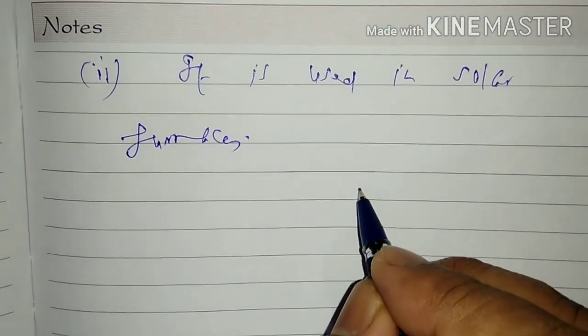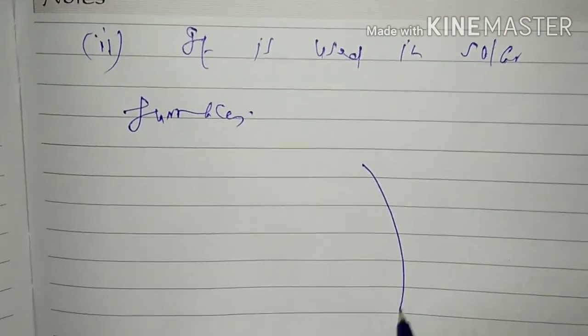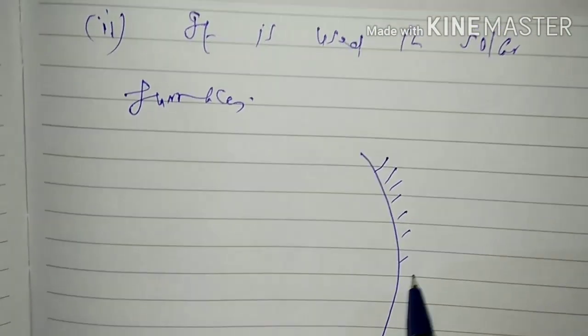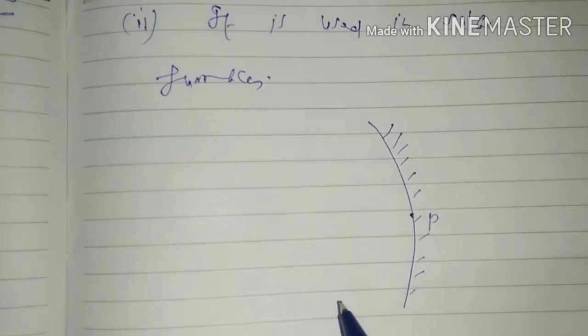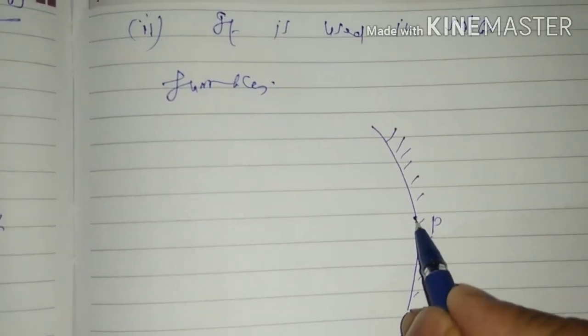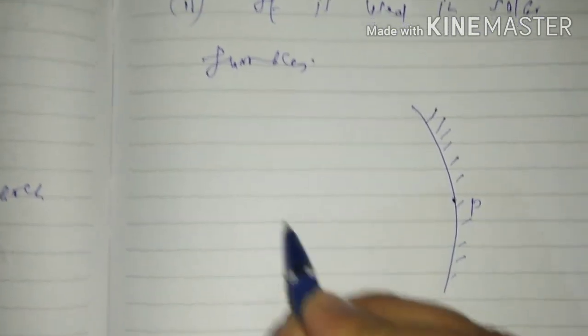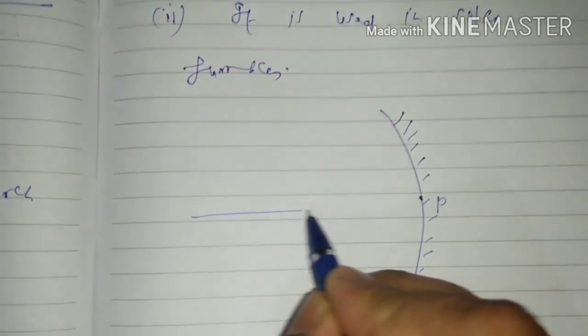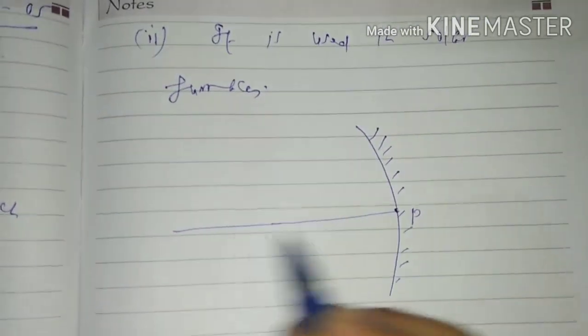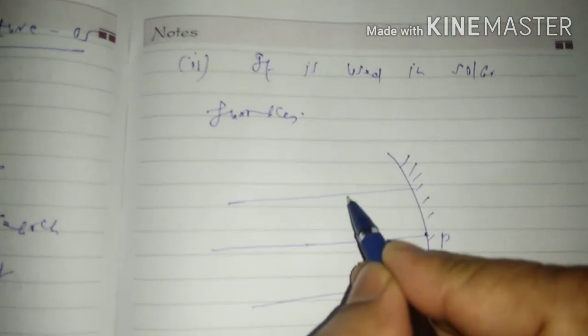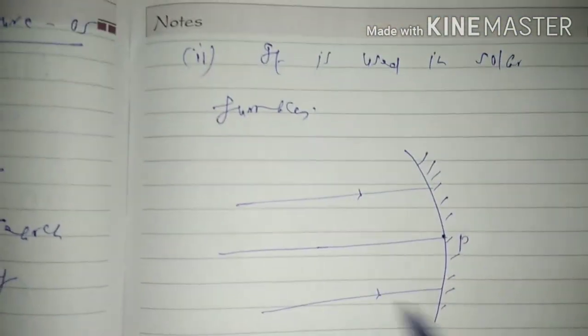In the case of solar cooker or solar furnaces, there is a concave mirror used as reflecting surface, and suppose this is concave mirror, then rays of light parallel to the principal axis of this concave mirror after reflection concentrate at a point.